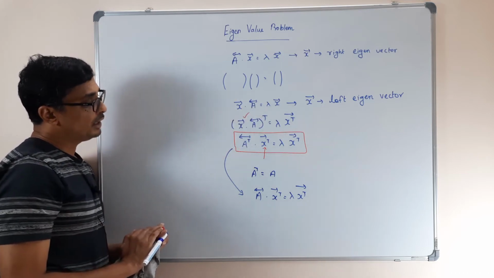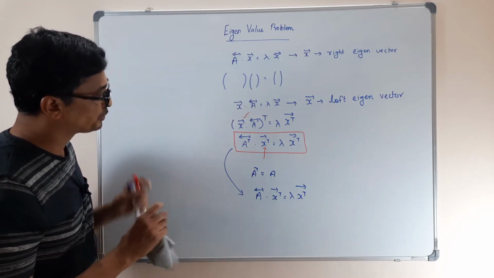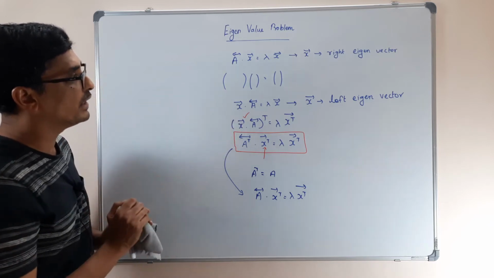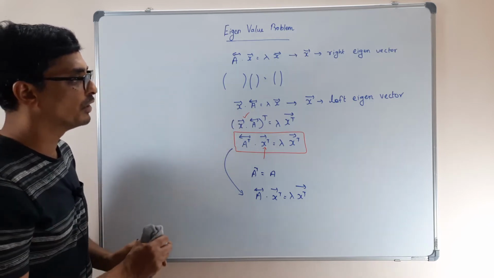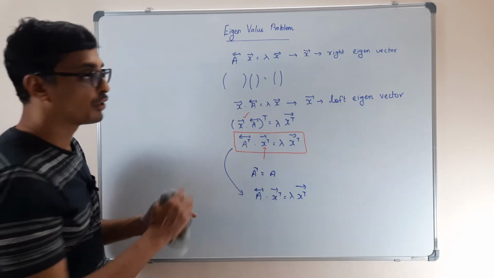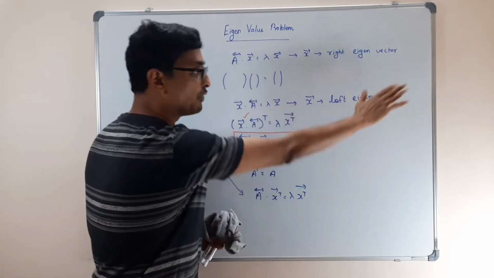There are very interesting properties and quantities we can construct from our set of right eigenvectors and the set of left eigenvectors. For an n cross n matrix A, we are going to have n right eigenvectors, and we can also have n left eigenvectors.